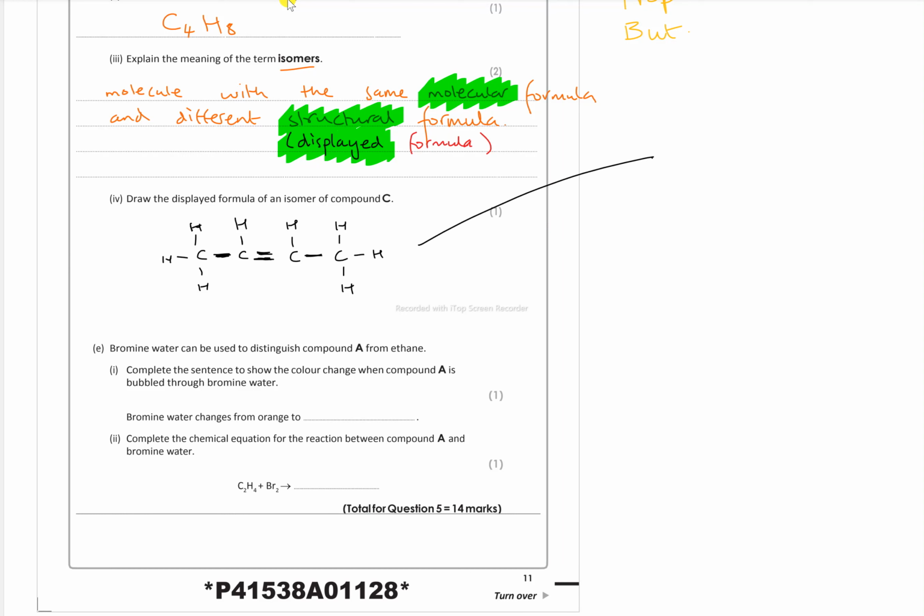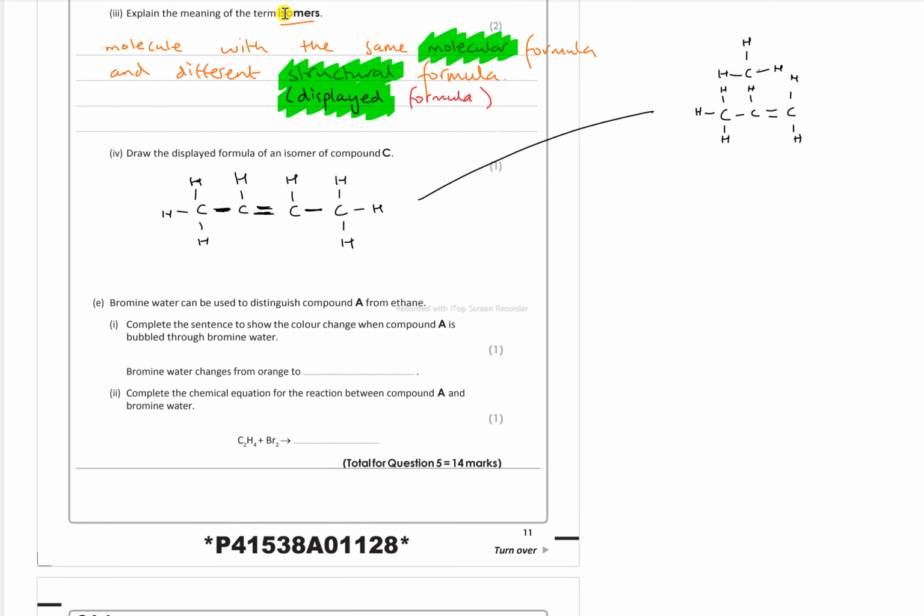You could have also arranged it like this. There you go.